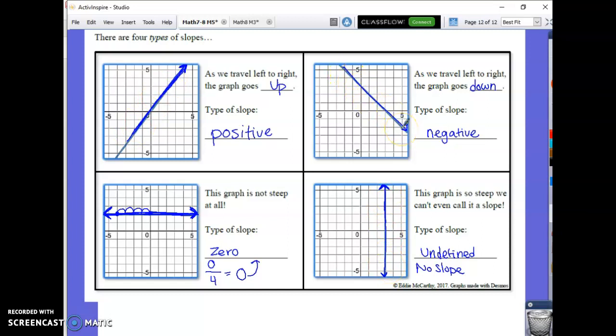Okay, so again, go ahead and find the slope of this one and this one. I helped you find the slope of this one because remember it's 0 over 4 or 0 over 1 or 0 over 2. All of those work because all of them will get you the same exact slope. And this one has no slope. So any vertical line has no slope. Good luck, guys, and I'll see you later.